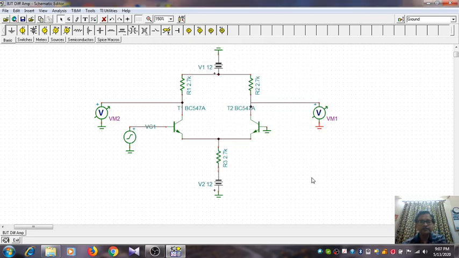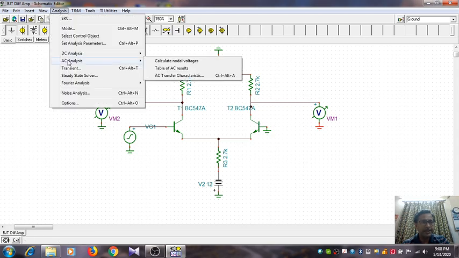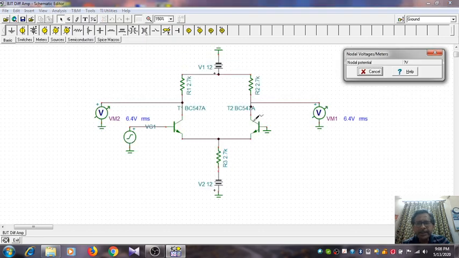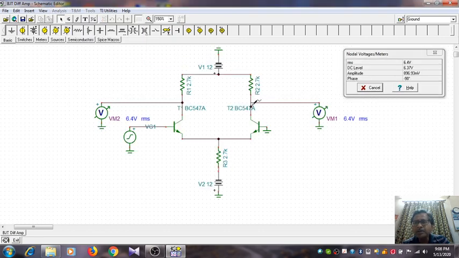Okay, right. Now we are in a position, the DC analysis we have already done. Next what we do, let us go over to AC analysis. Okay, so come to the AC analysis and see the AC transfer characteristic. Nodal voltage we can see, but that will not get any proper output.